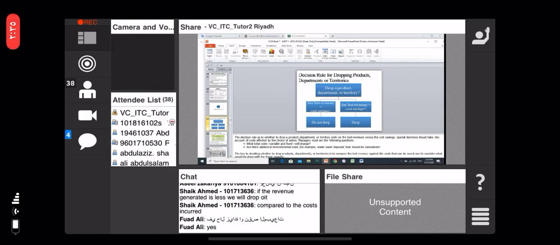When the lost revenue is less than the cost saving, you will go to drop. Clear?